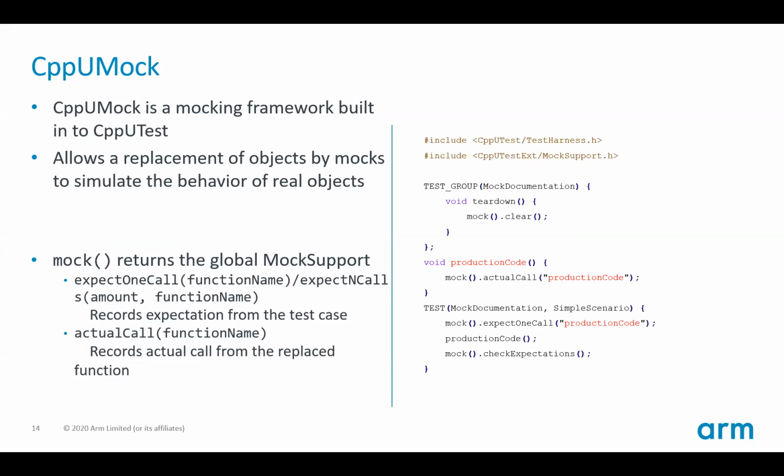You have the callbacks expect one call or expect n calls, that enable you to record the expectation from the test case, and then the call to actual call records the actual call from the replaced function. On the right you can see that first the expect one call is called, then the actual test case is run, and then the check expectations make sure that those are in alignment, and will flag if they don't match.